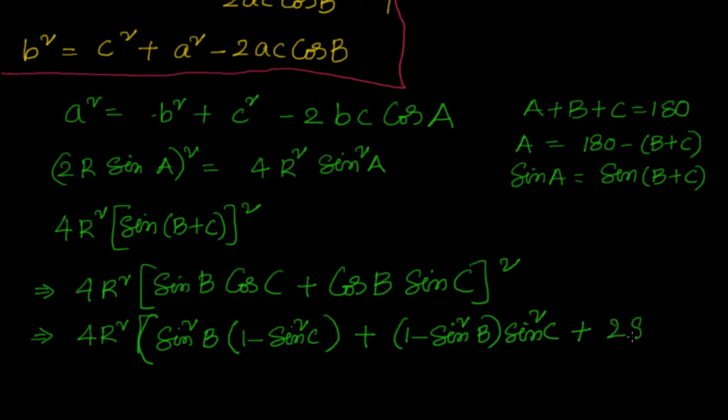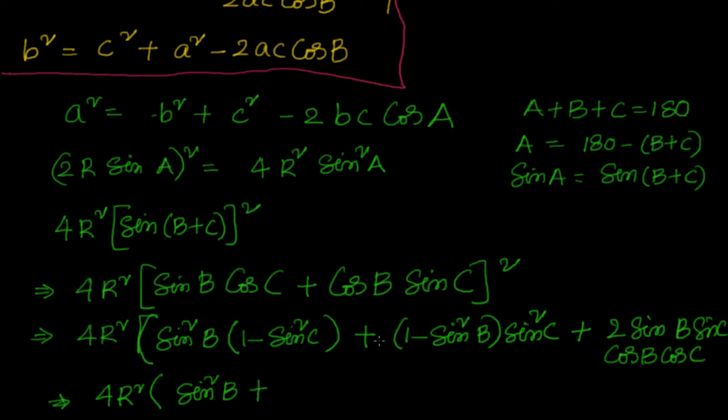Plus 2 sin b sin c cos b cos c. This is nothing but equal to 4r square into sin square b plus sin square b into minus sin square b sin square c, plus sin square c, and also here I have again one more minus sin square b sin square c.